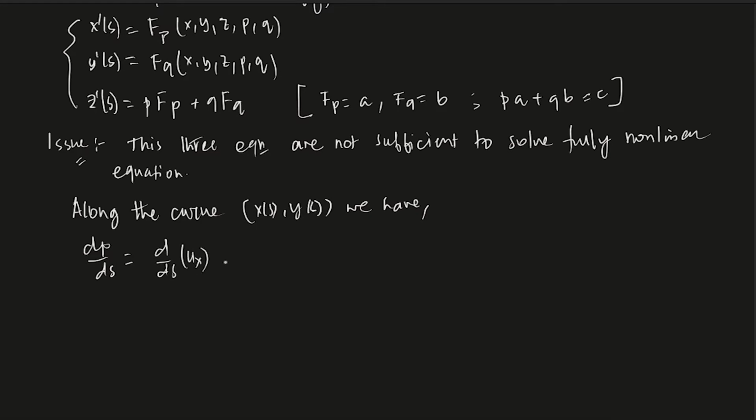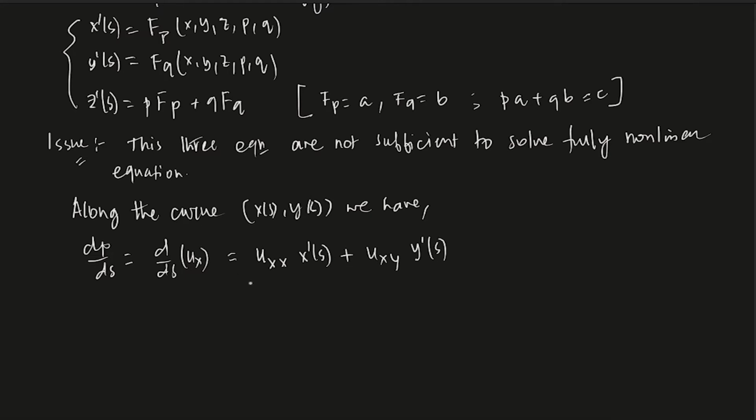And that is given by, see, ux depends on x and y, which again depend on s. So we have to use the chain rule here. So this is uxx times x prime of s, plus ux with respect to y, which is uxy, times y prime of s.